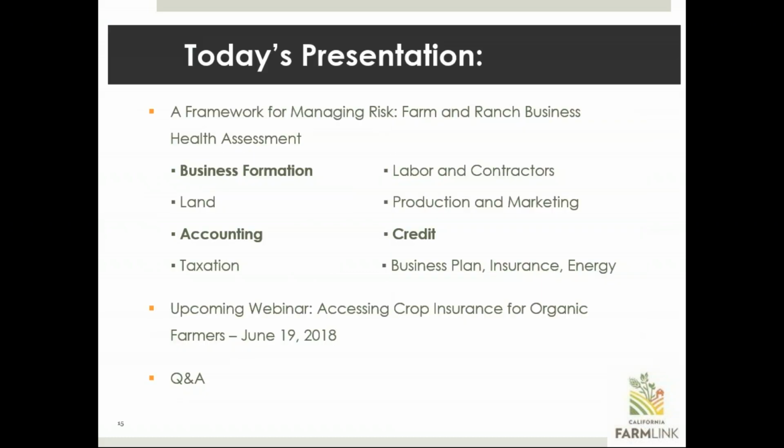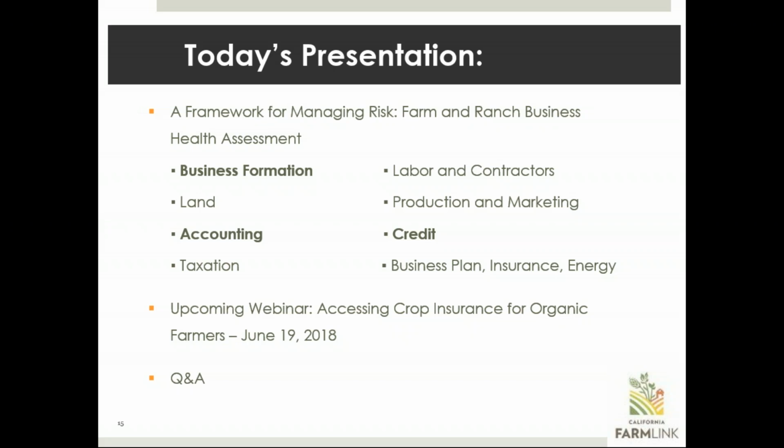So just a brief overview of today's presentation. Given the topic and a new tool that FarmLink had the chance to help develop over the last couple of years, I wanted to take the opportunity to introduce those of you who are not familiar with something called the Farm and Ranch Business Health Assessment.